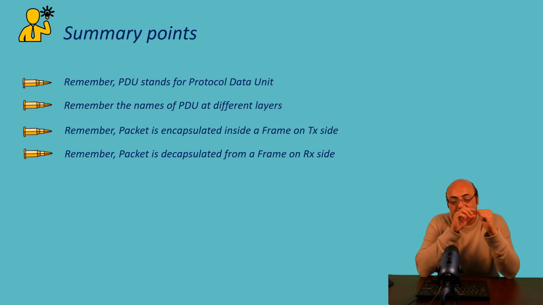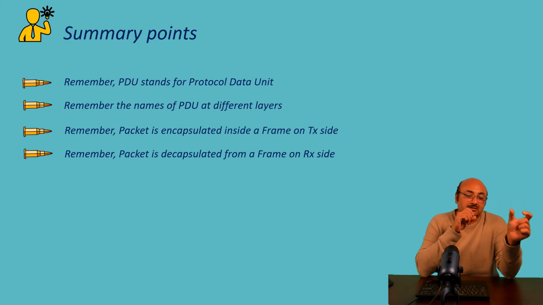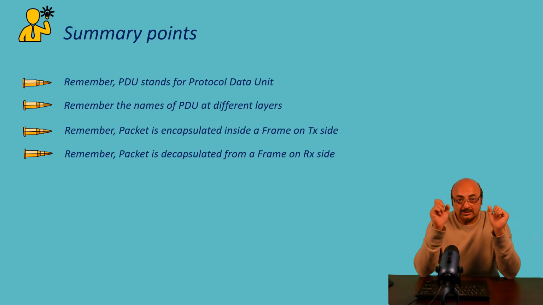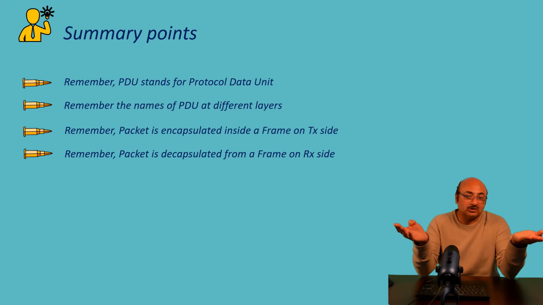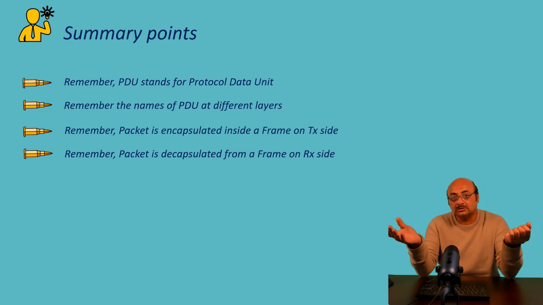You should have a clear understanding that the packet on the transmit side is encapsulated by the data link layer in a frame, and the opposite takes place on the other side. The packet is extracted at the data link layer by decapsulating the frame. The same layer responsible for encapsulating on the transmit side is responsible for decapsulating on the receiving side.